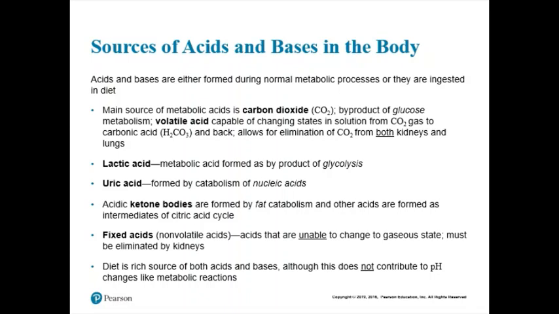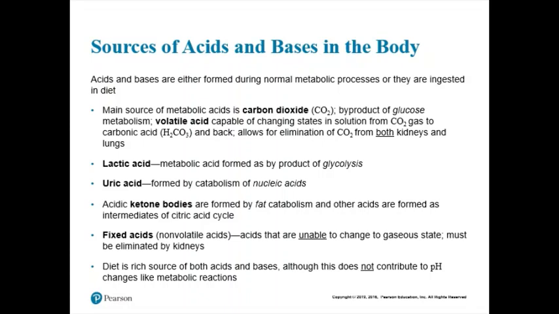A volatile acid is just an acid that could change its state from a gas, which carbon dioxide can be, the gas that you breathe out, to more of a solid form like carbonic acid, which you could eliminate in your urine and your kidneys. So carbon dioxide, because it could turn into carbonic acid, is a major source of acid in your body.